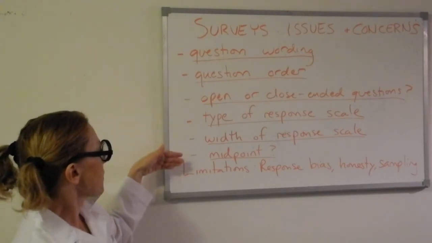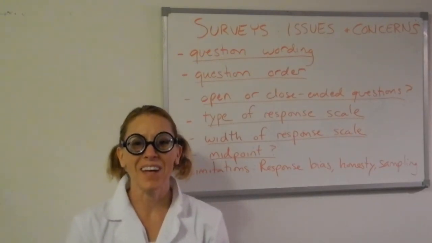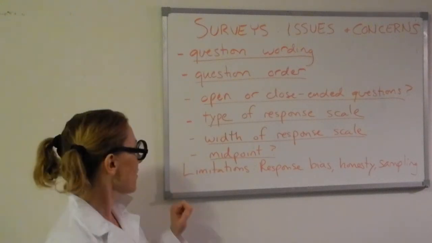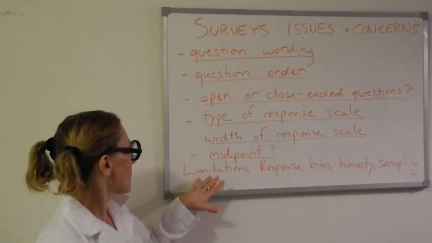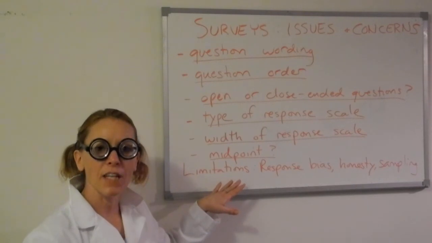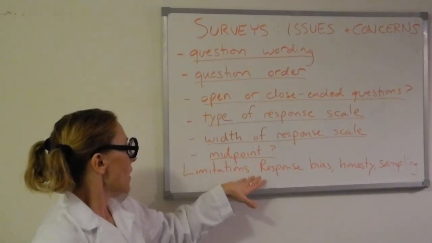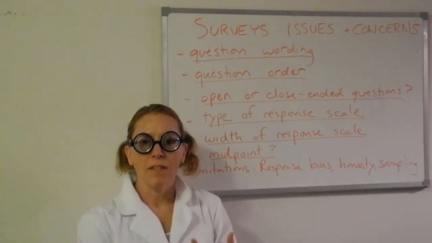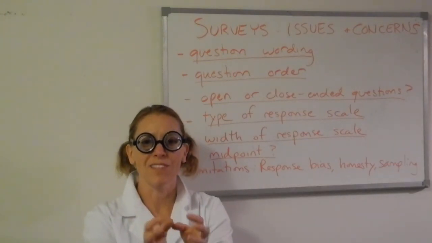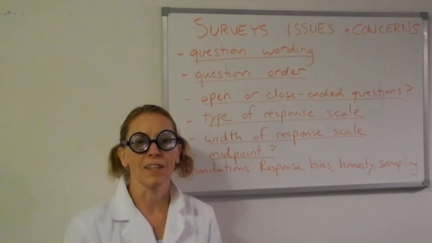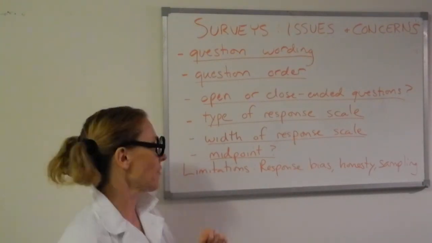So we've talked about some of the things that you should be concerned with when you're creating a survey, and again, the best way to do it is to try it and see just how challenging it can be. Limitations of self-report data, which is what surveys are, include response bias. As I mentioned, the response set, living either near the center or to either extreme, just being difficult and disagreeing with everything, or being really enthusiastic and agreeing with everything.